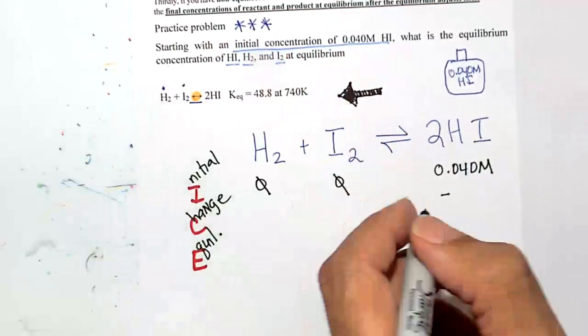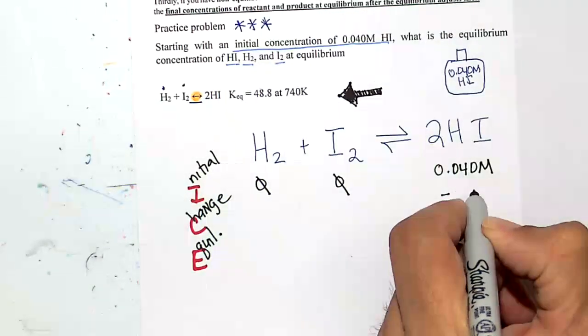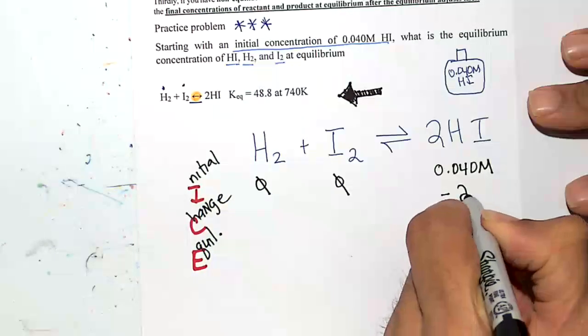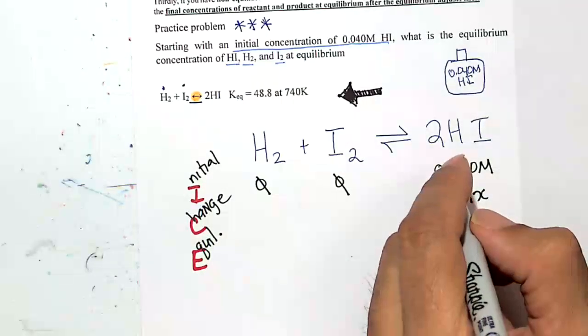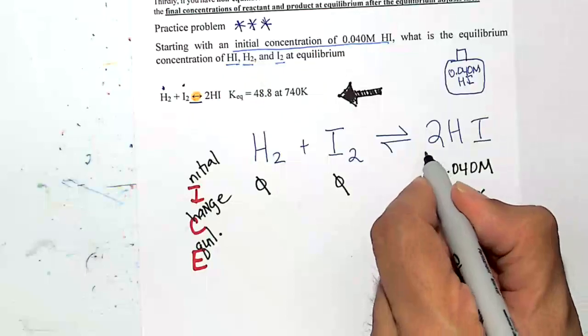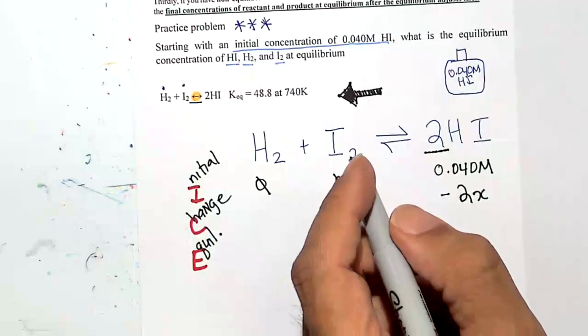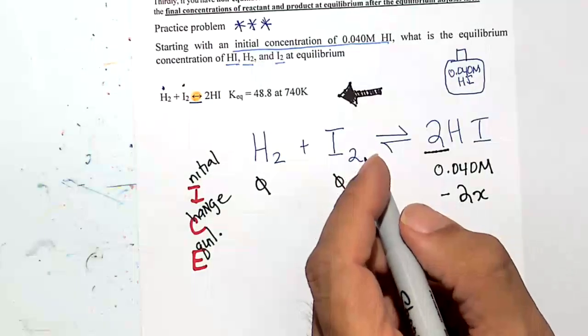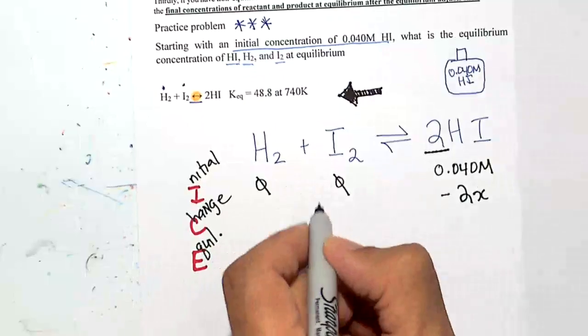That's not your equilibrium. So it's going to shift this way. Minus not x, it's going to be minus 2x. Why did I say minus 2x instead of minus x? Because of the coefficient. Excellent. Good job, Bailey. Because of the coefficient, this is going to be minus 2x.